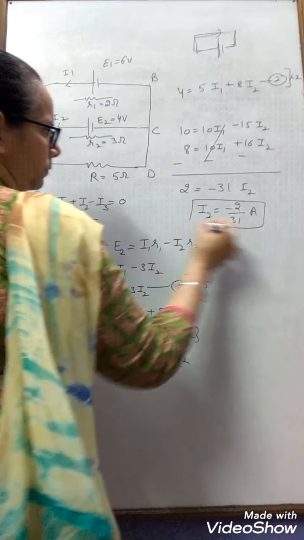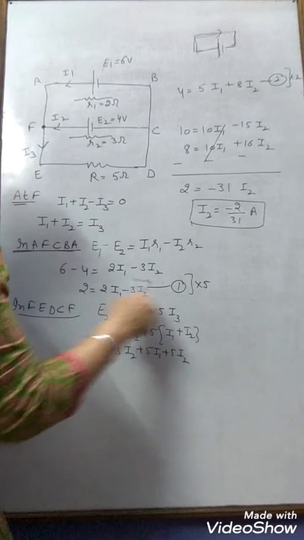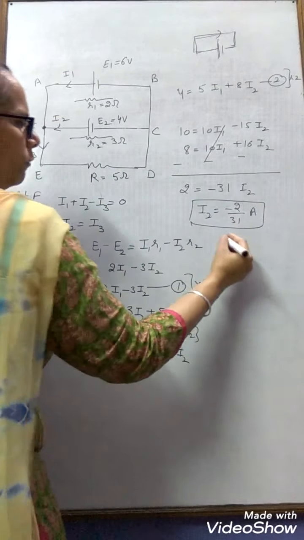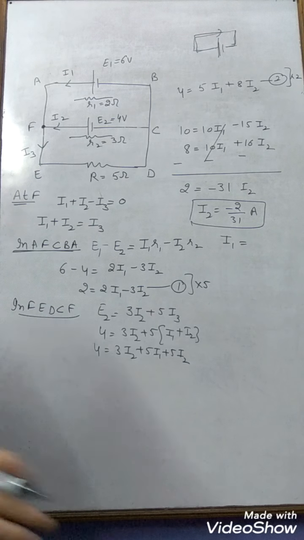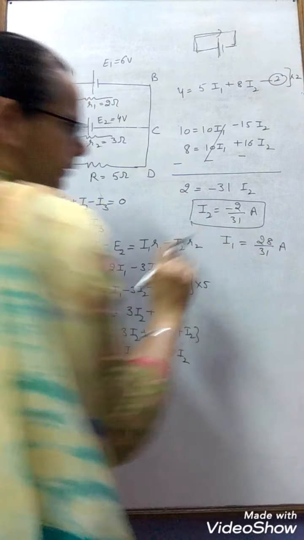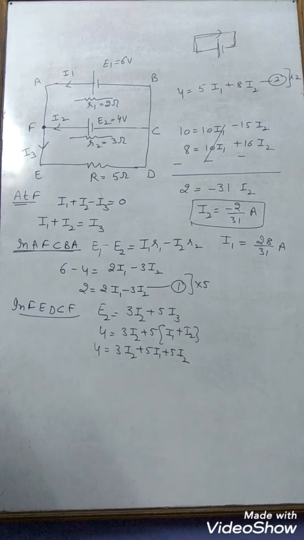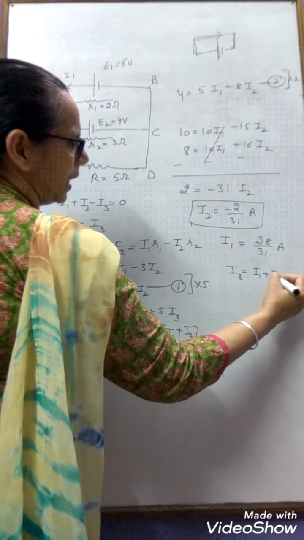This is the I2. Now by using this I2 in any one equation, equation 1 or equation 2, we get the I1. By calculating it simply, we get I1 as 28 by 31 ampere. And what is I3? I1 plus I2.